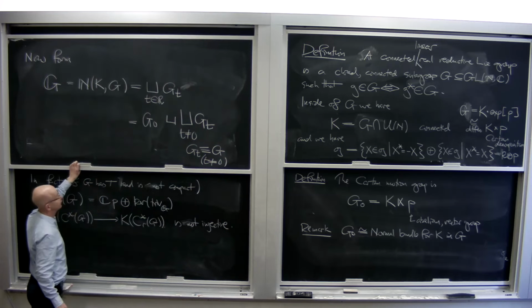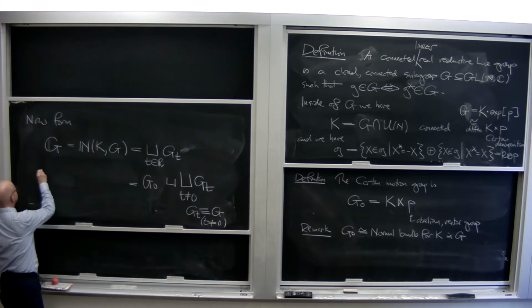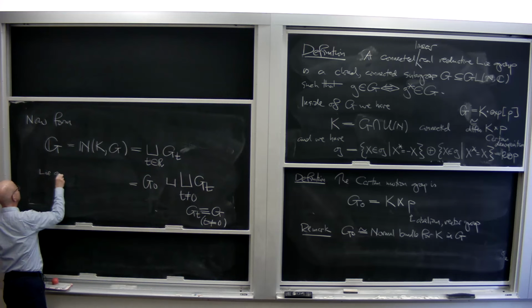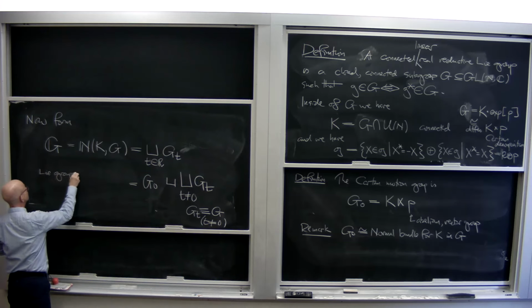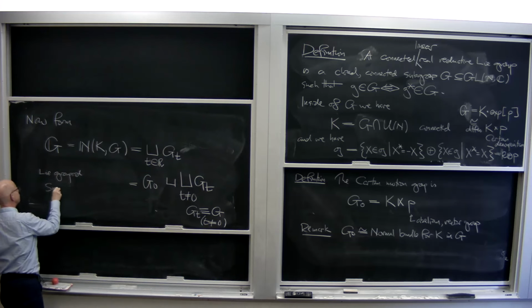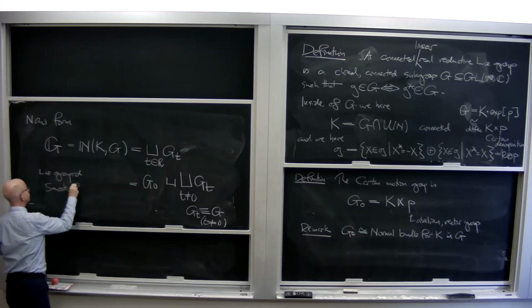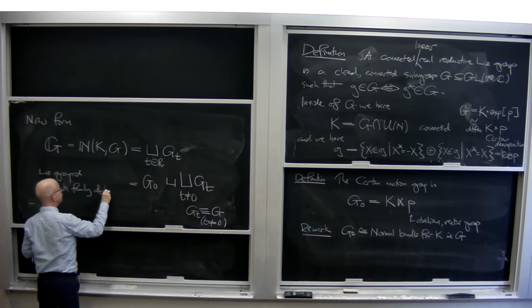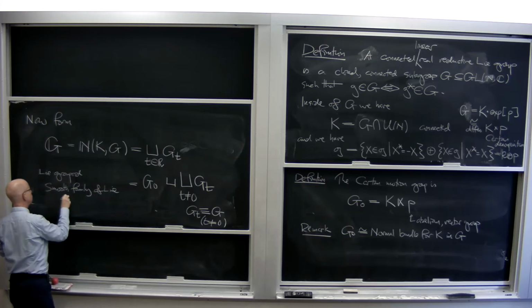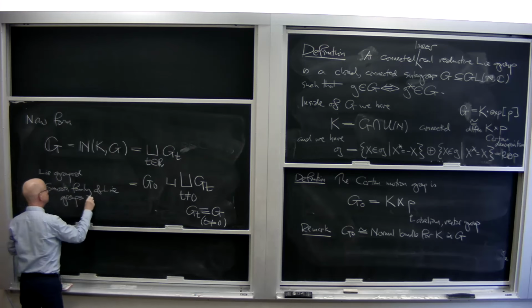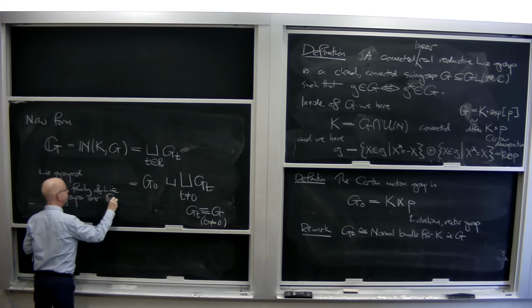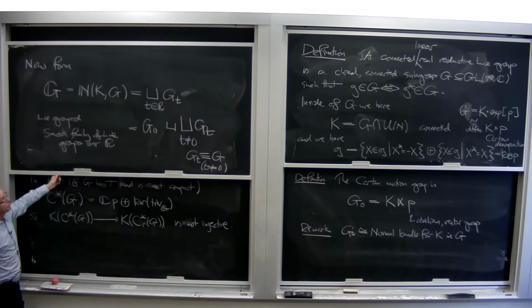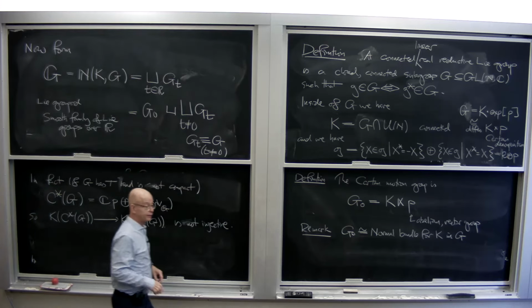So this is a Lie groupoid, or if you like, a smooth family, a special type of Lie groupoid, of Lie groups, parameterized by R. So the total space is a smooth manifold.